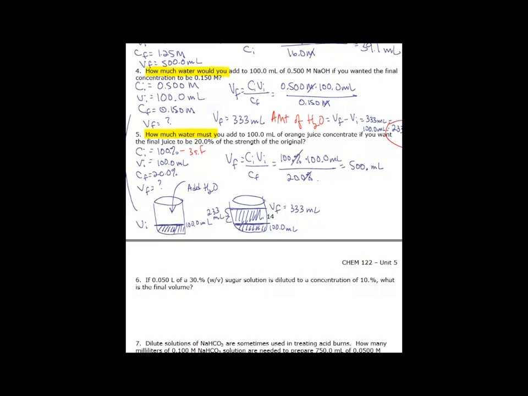The amount of water will be VF minus VI. So 500 minus 100, so it would be 400 milliliters of water.